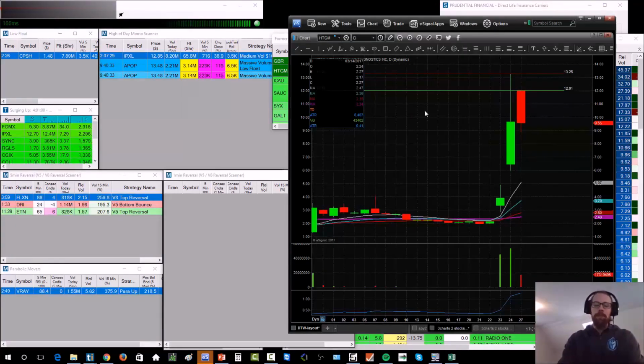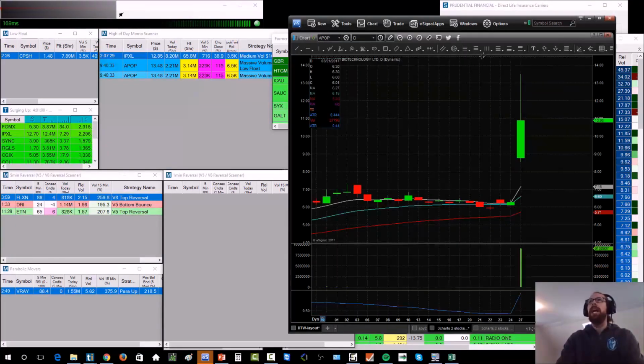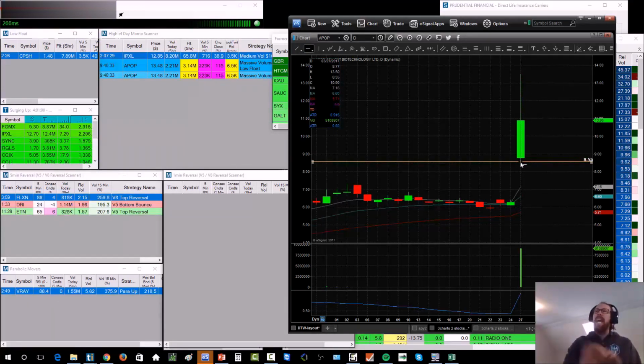Here we have APOP, a 3.3 million share float stock that came out with news overnight about their cancer treatment. And we know that biotech stocks can be crazy strong because when they have really good news, it can be something that is really big in the medical world. The stock goes from a previous day close of $6 up to a high of over 13. This went up over 100% in one day.